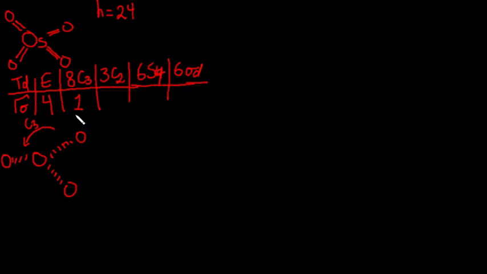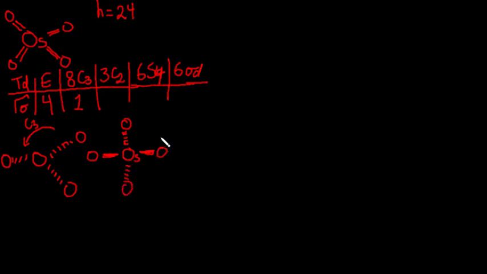Next is the C2 rotation. So if we're looking between those 2 oxygens, for example, you will see that if we have the osmium, we would have 2 oxygens pointing upwards and 2 other oxygens pointing downwards in this fashion.